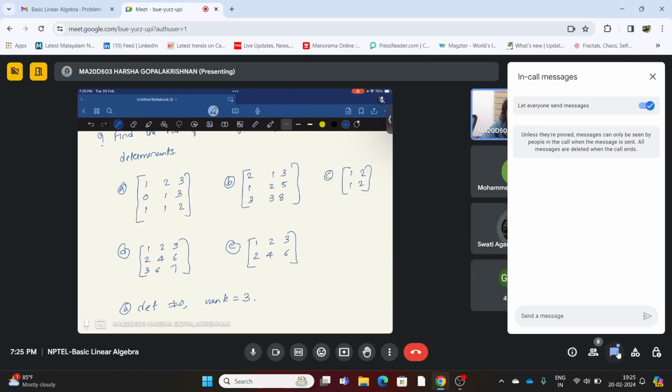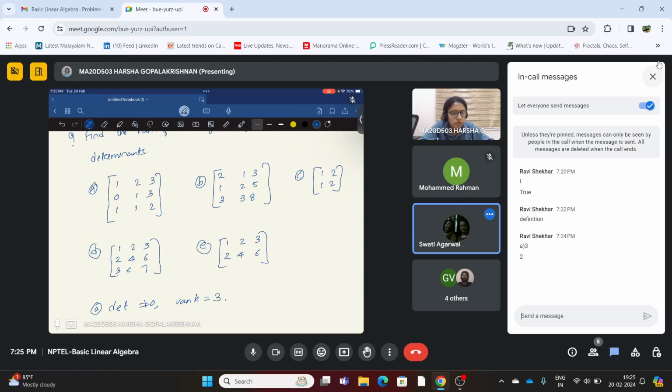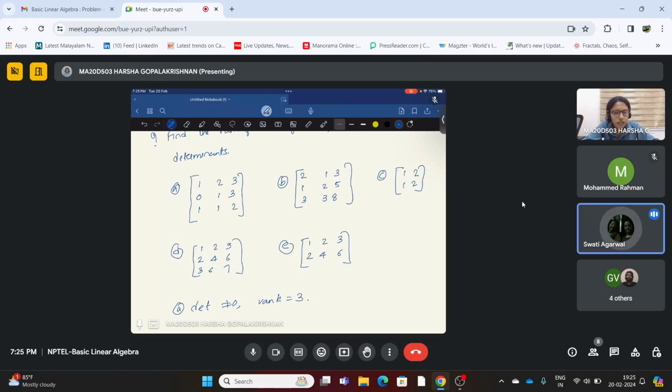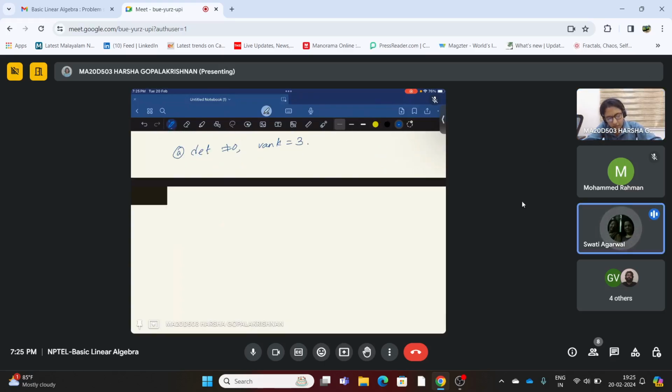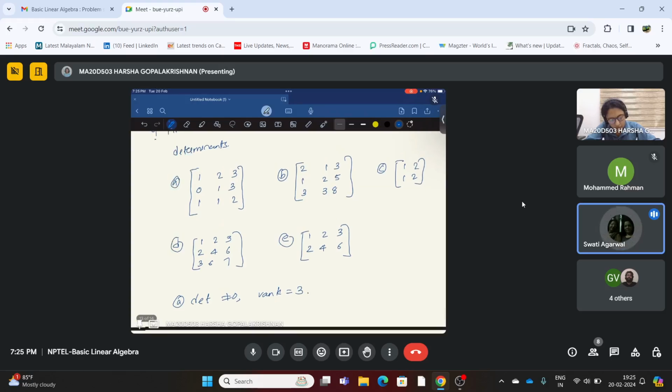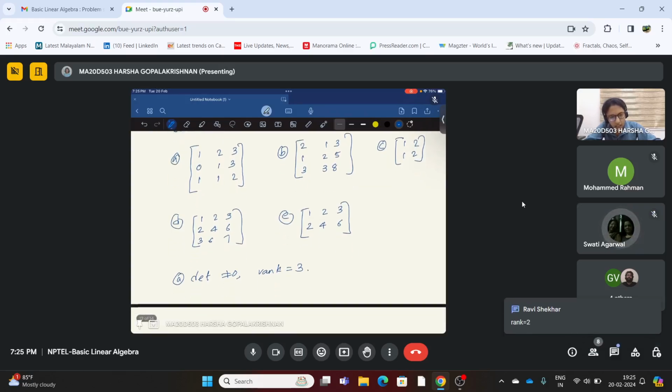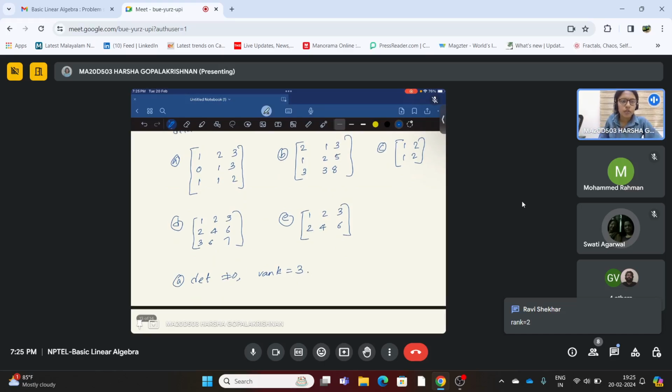First find the determinant of B. I think this is also full rank. Are you sure? I just tried two elements and they look positive, but I can try again. Yeah, rank is 2 actually. Okay, you just redo the calculation. Actually we need to find the determinant, that is the way.